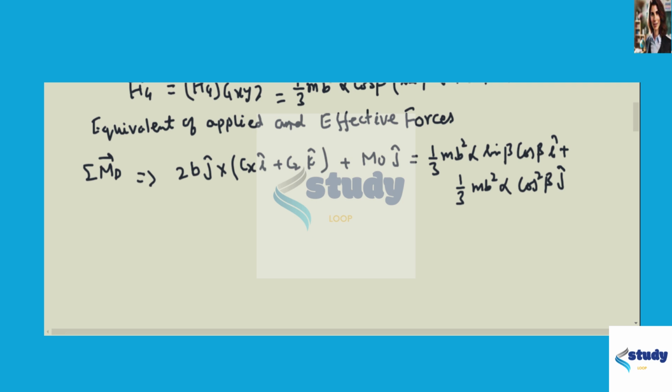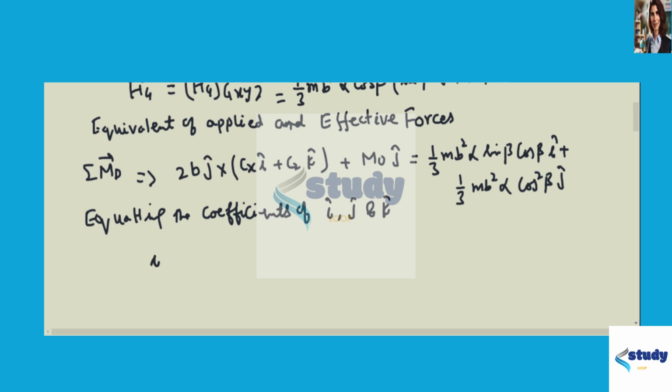Solving and equating the coefficients of i cap, j cap, k cap.